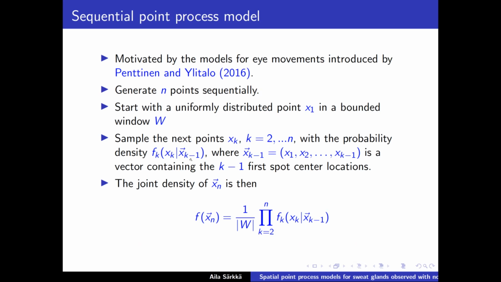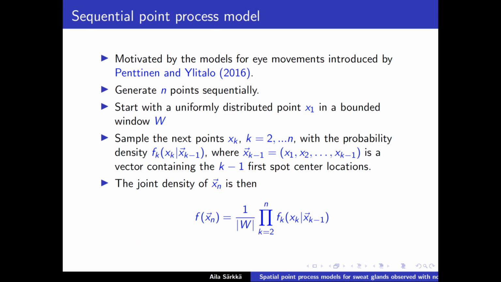So the x_{k-1} vector is the vector of all the other glands that are already there. And then we can write the joint density so that we take the product of these conditional densities, and the first 1 over the area of the window is the contribution from the first point that we put there.